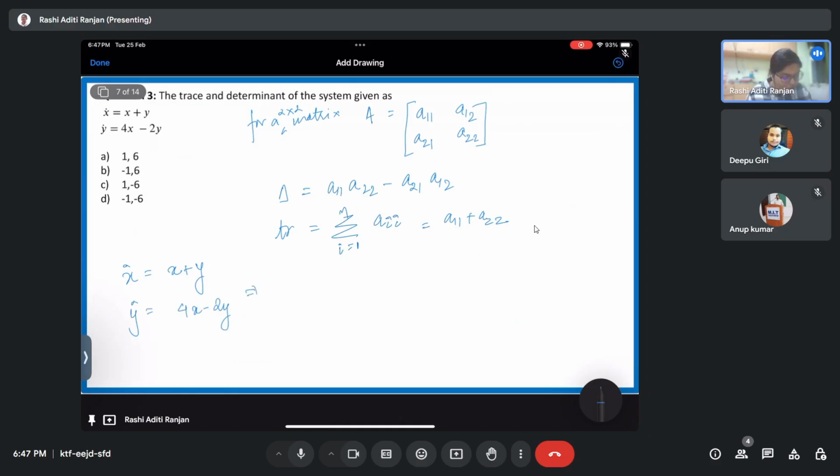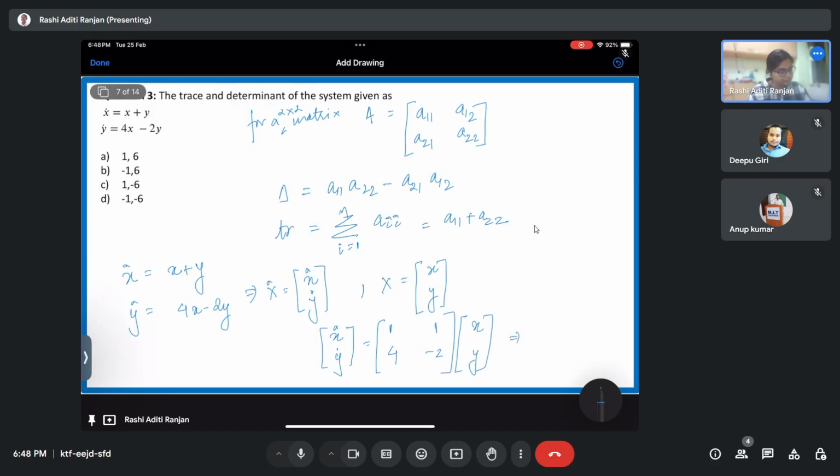So I can write it like this, and then I can relate this as A, where A is nothing but a transformation matrix, right?